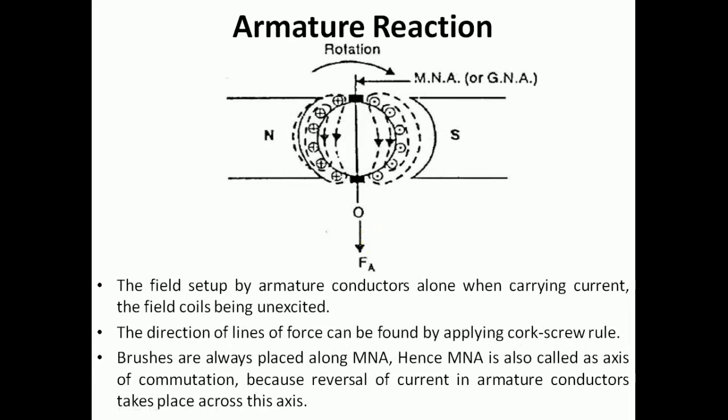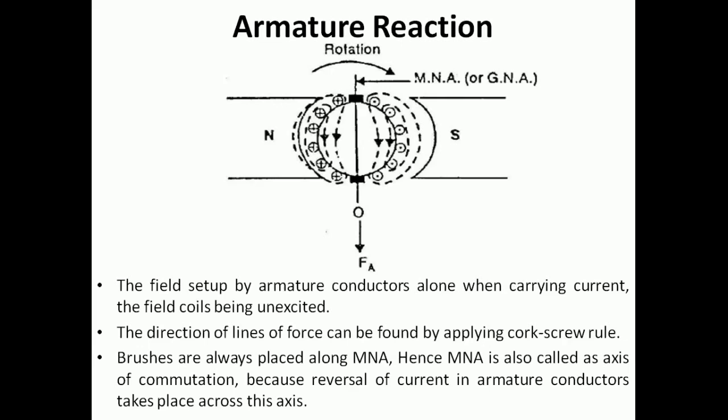In this diagram, if you see, the maximum crowding of the flux lines, that is armature flux lines, is seen here. So we consider that as the direction of armature flux, which is actually vertically downwards. So this can be considered as the direction of armature MMF.